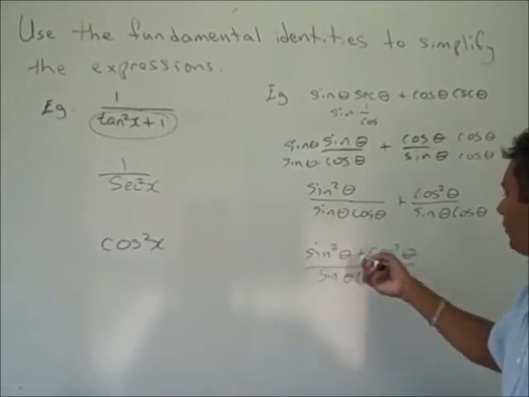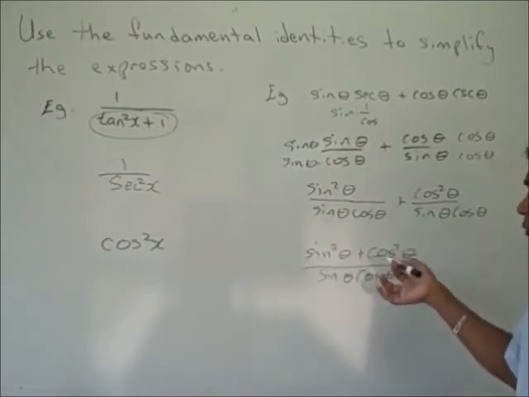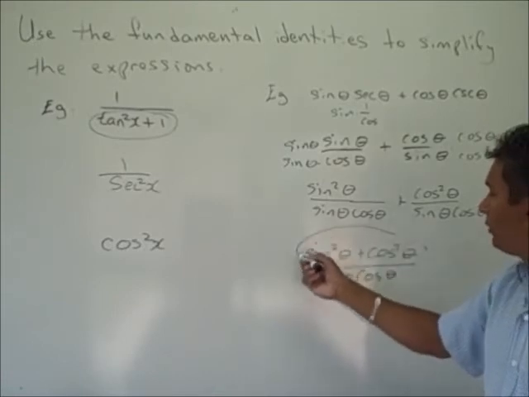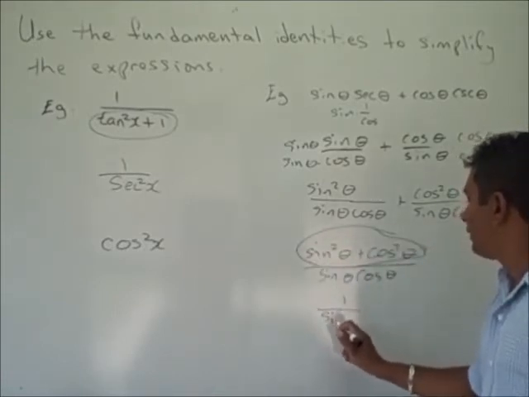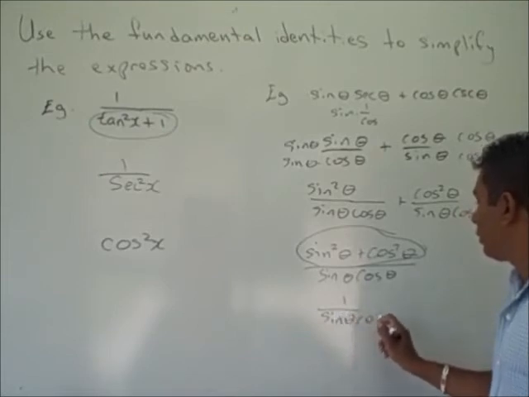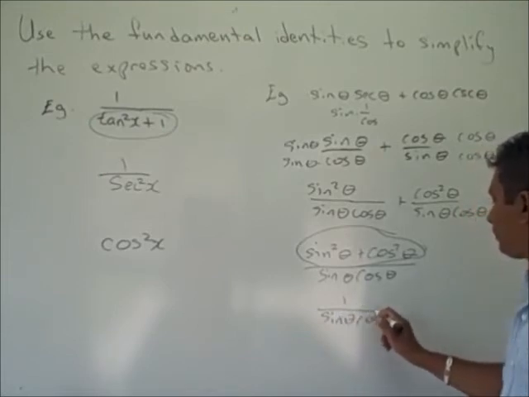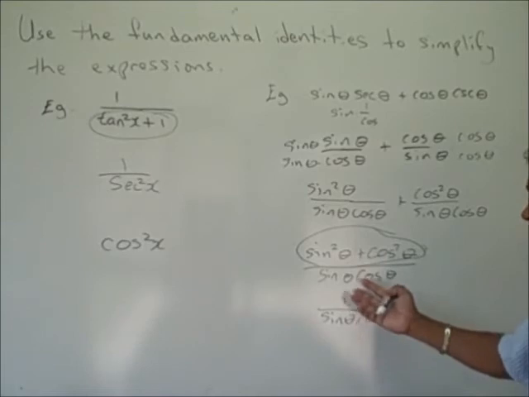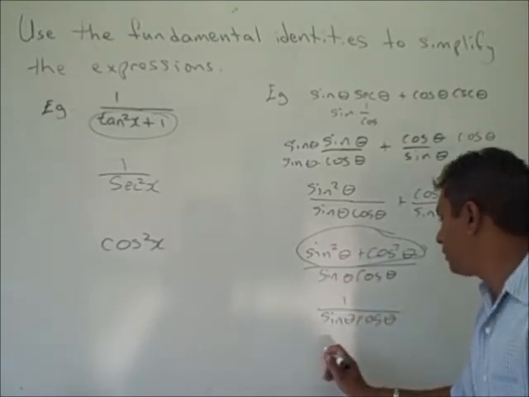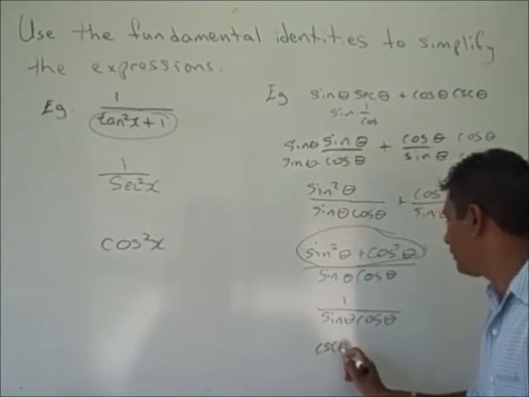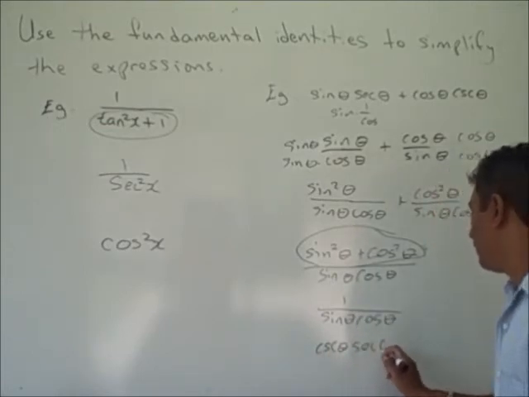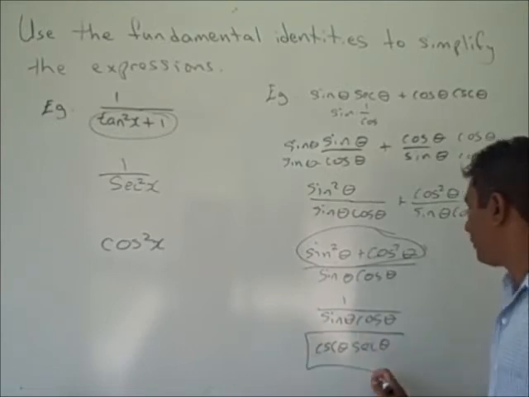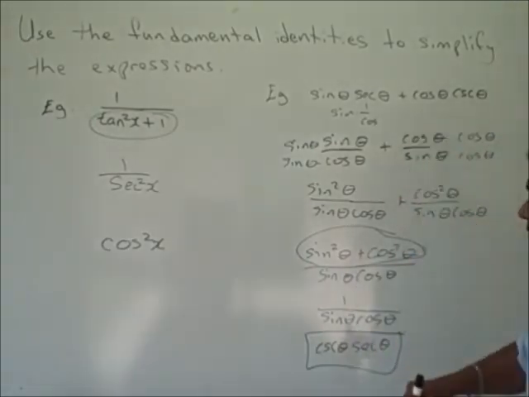We know sine squared theta plus cosine squared theta is our first Pythagorean identity, and all this is equal to 1. So this becomes 1 over sine theta cosine theta. This now takes us back to our reciprocal identities. We have 1 over sine, which is cosecant theta, and 1 over cosine, which is secant theta. So here we have our answer for this in its simplest form.